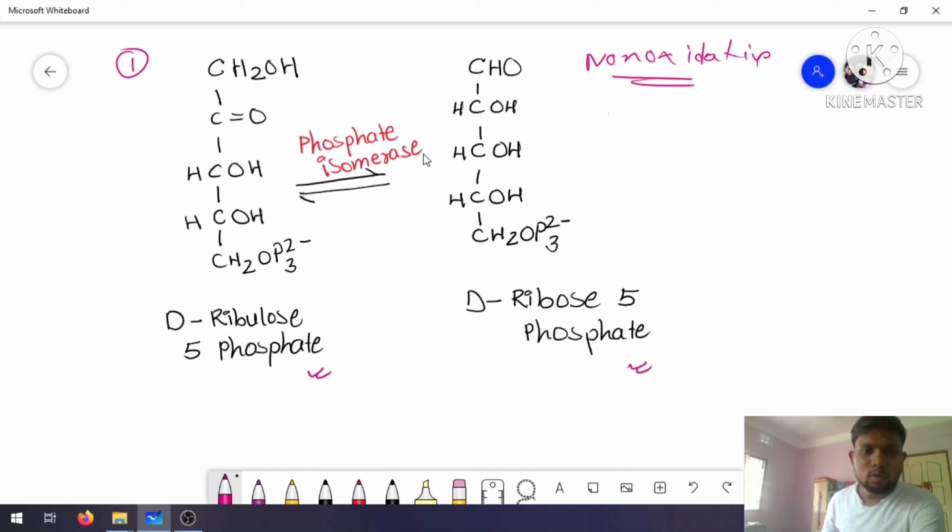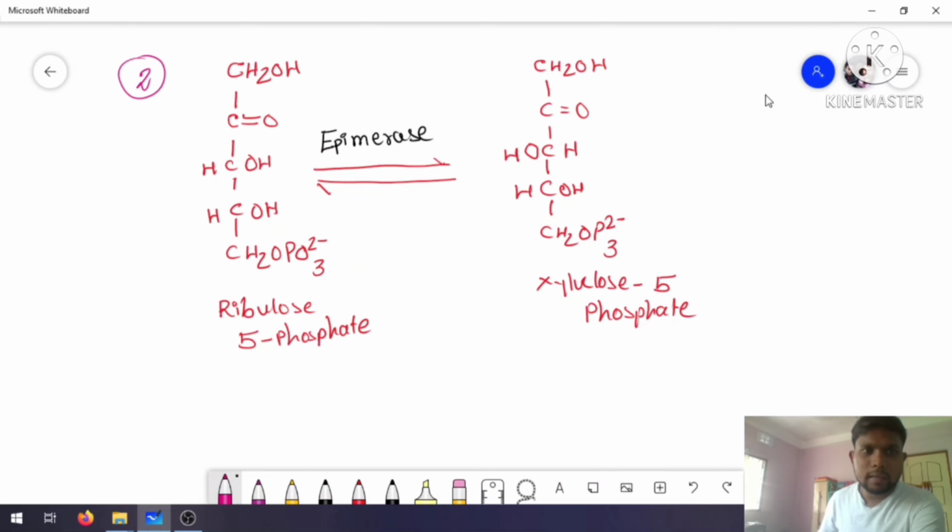Okay, ribulose 5-phosphate and ribose 5-phosphate are isomers of each other. Here the enzyme involved is isomerase.